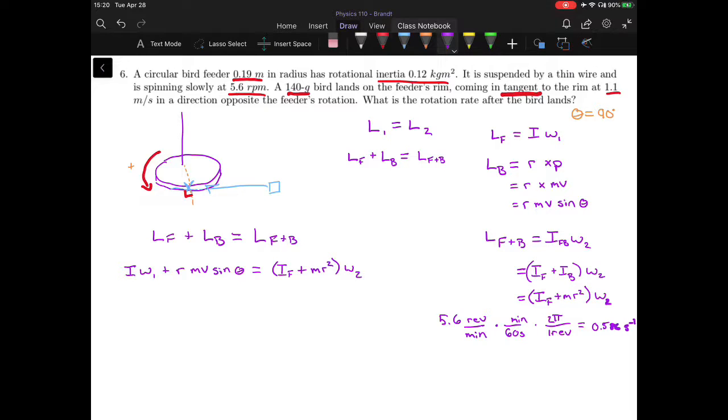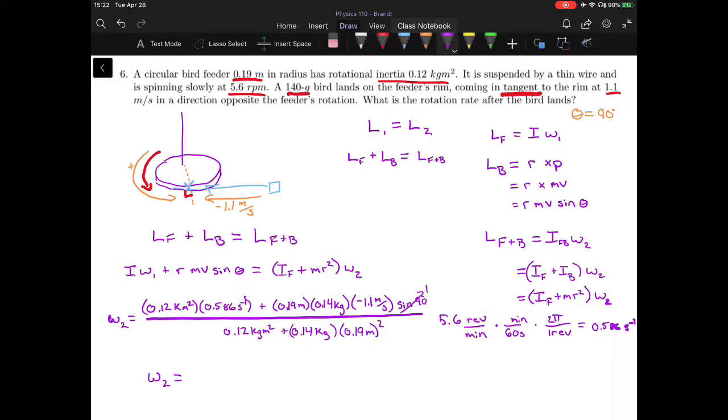Well, now we can plug all that in and we get omega 2 is going to be equal to, now why is this negative? Well, this is an important thing. We have defined positive as going this way. So if our bird flies in opposite that, that is going to be a negative 1.1 meters per second. Omega 2 is 0.328 radians per second.